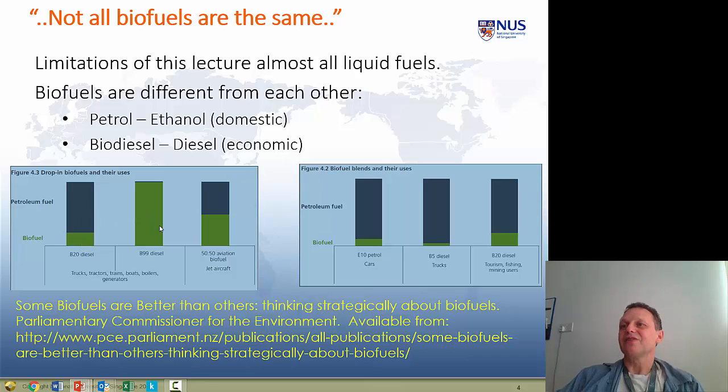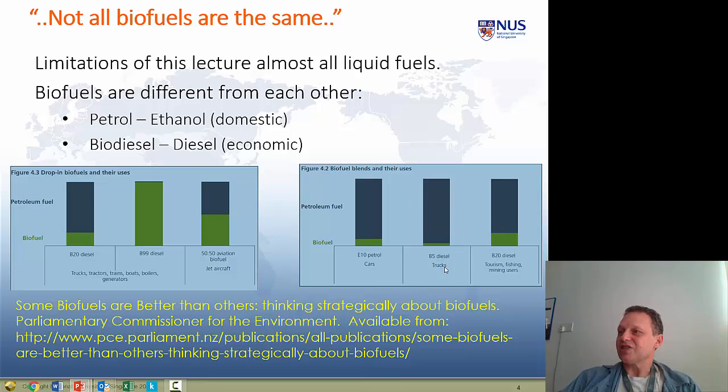Each of these have certified specifications. Or for jet aircraft, there's a 50-50 aviation biofuel. So the black again is the petroleum aviation fuel. If we look at other types of blends, if you have a petrol car, then you can buy E10, 10% ethanol, 90% petrol.